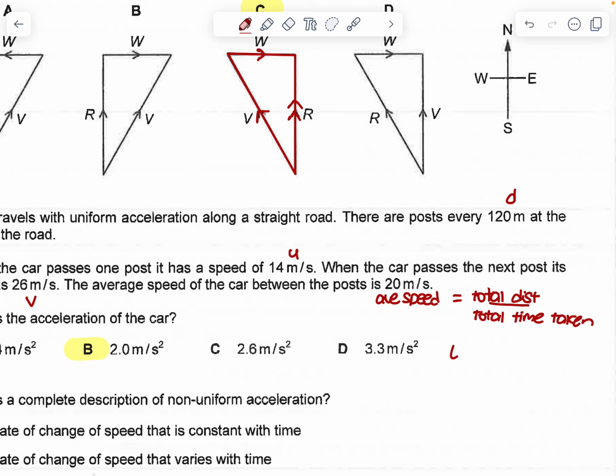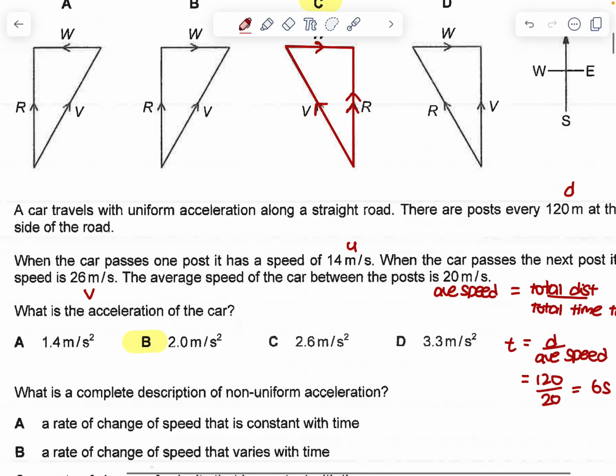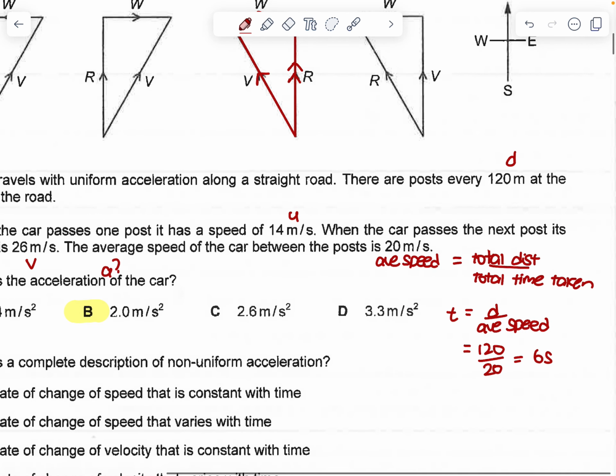With this, you can get the time taken T equals total distance divided by average speed, 120 divided by 20 gives you 6 seconds.